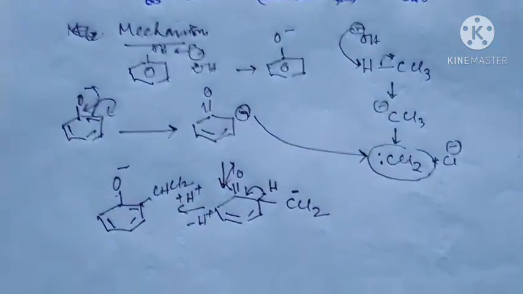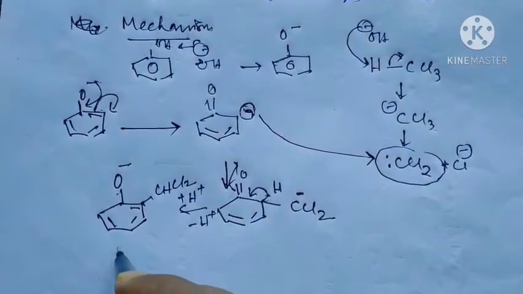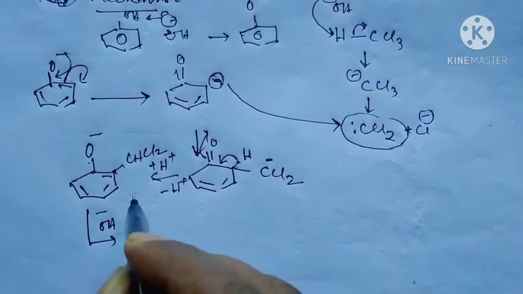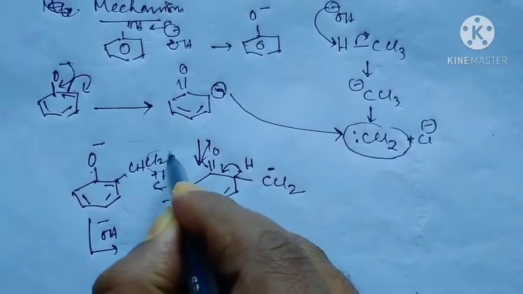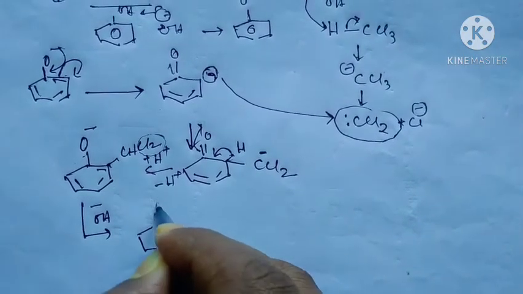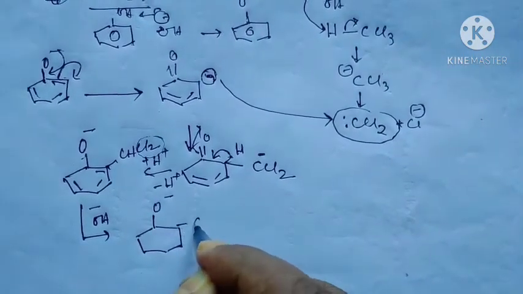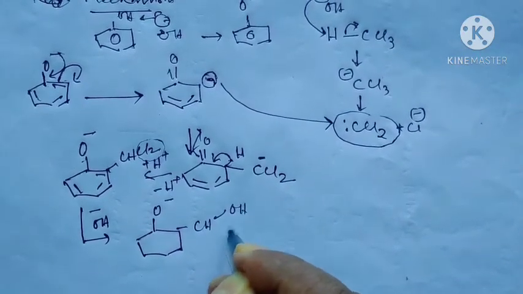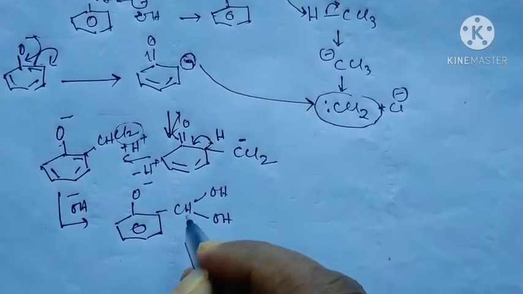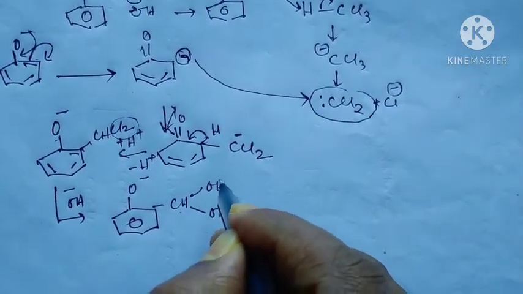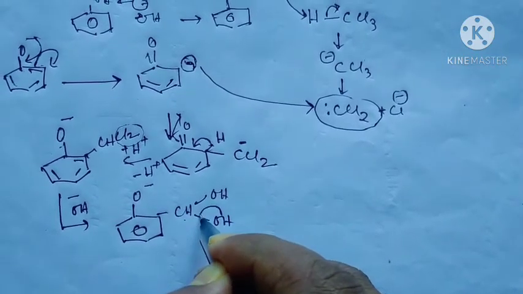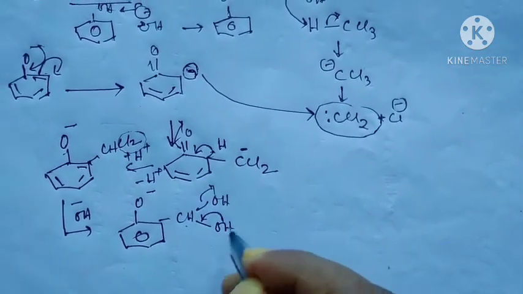Okay students, now in presence of again OH minus hydroxyl ion, these two chloride ions are converted into CH(OH)2. Okay, students. Now, one carbon cannot contain two OH groups, so that's why this one will get rid of water.